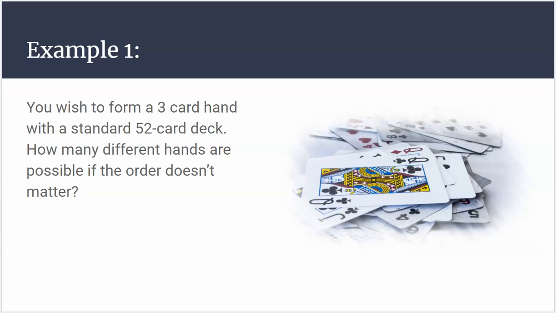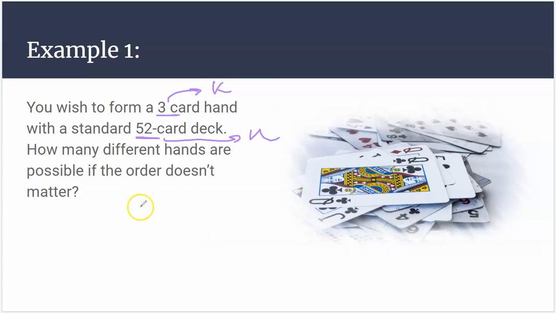So let's take a look at this. If the order doesn't matter, I've got two numbers here, 52 and 3. In our 52, we can call this our n, and we want k to be our 3. That's how many things we're trying to fill.